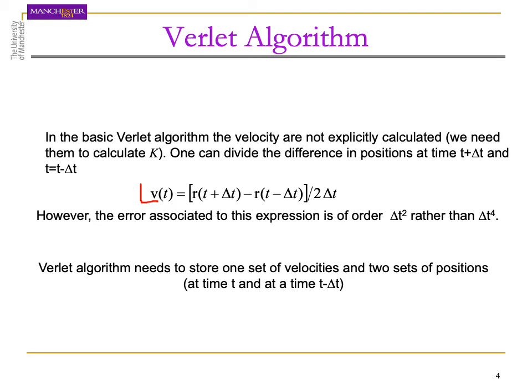We're going to see another method derived from this one, which is better in the sense that it allows us to reduce the amount of information stored. We will be able to calculate the position of the atoms at the time t plus delta t using only one set of velocities and one set of positions.